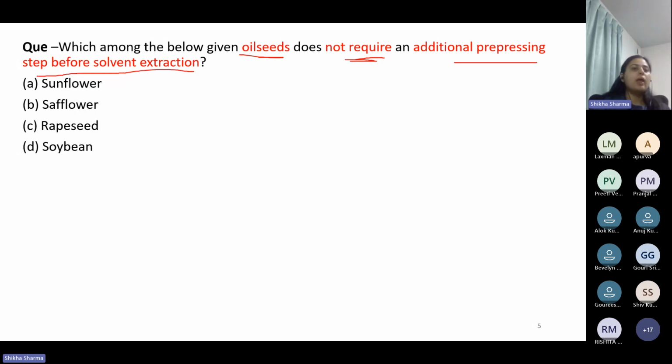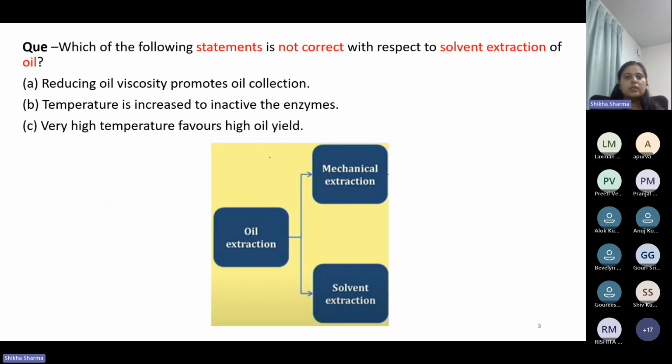Sometimes we use multiple extraction steps, like in the first slide we discussed there are two extractions, mechanical extraction and solvent extraction. Sometimes we use first mechanical extraction and then the solvent extraction, so we can get more oil yield.